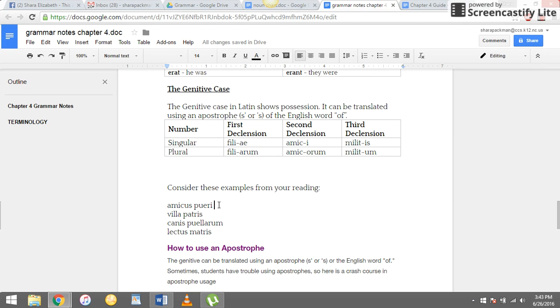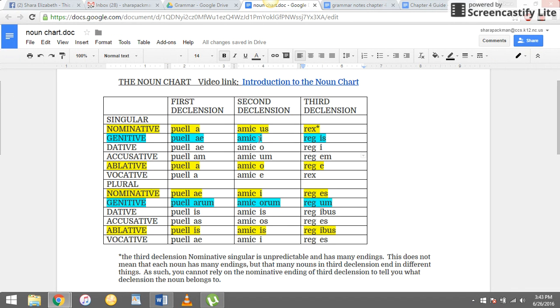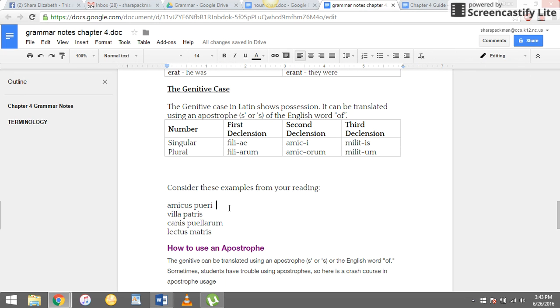So in this case, pueri is the genitive, P-U-E-R-I, because it's second declension. Here's your I right here, pueri. And then it would be the boy's friend. The boy has to do the owning because he's genitive. Or you can say the friend of the boy.